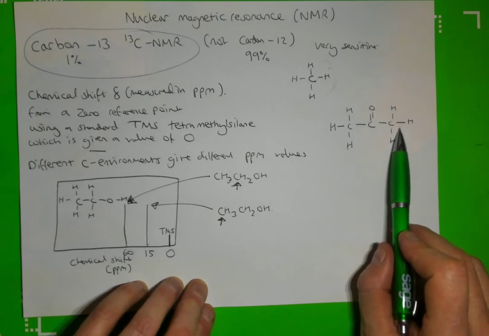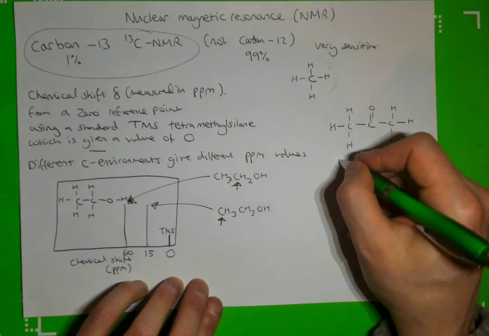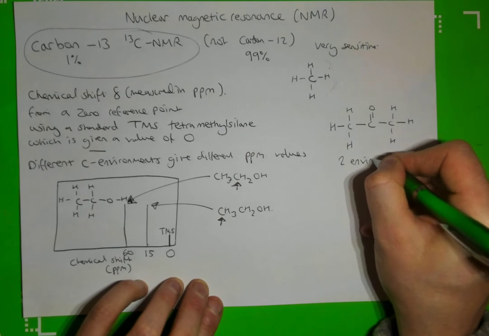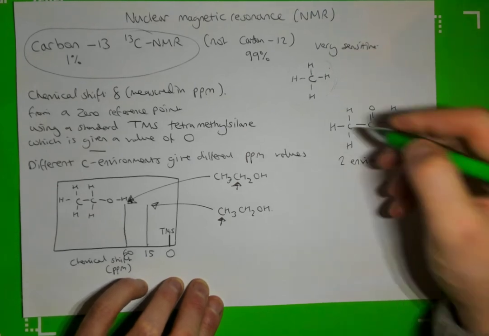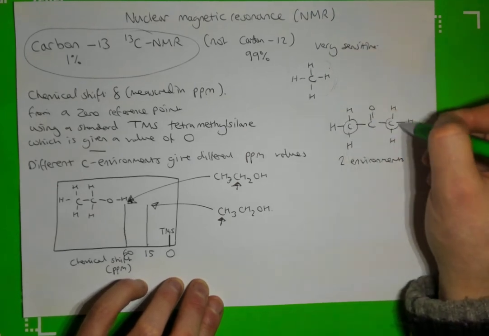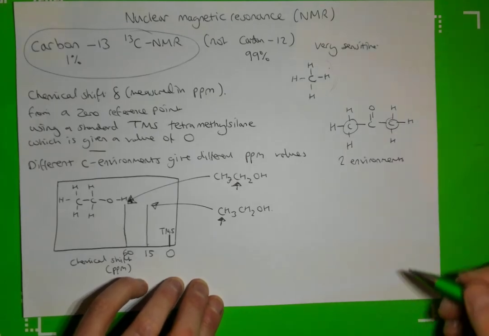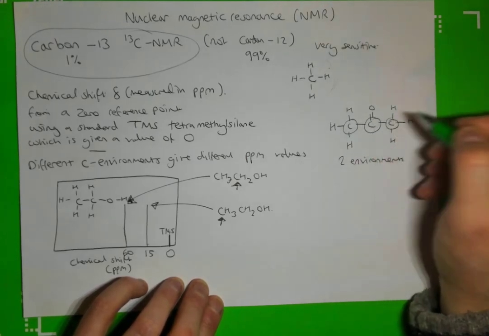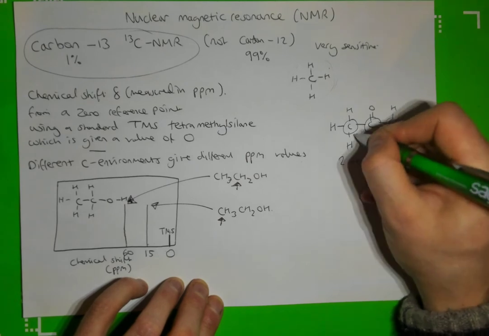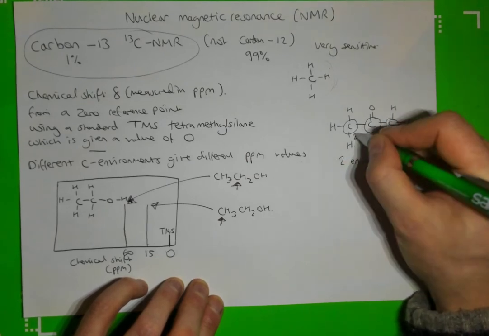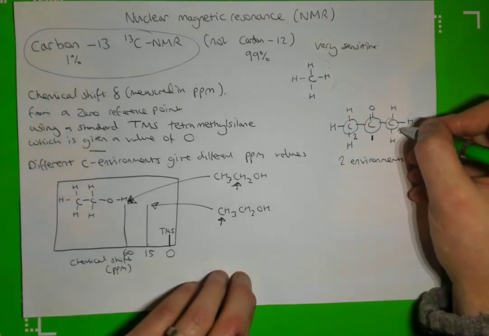However, there are only 2 environments here, because that carbon environment is the same as that carbon environment there. So we have 1 carbon environment here and another one here. There's 2 environments.